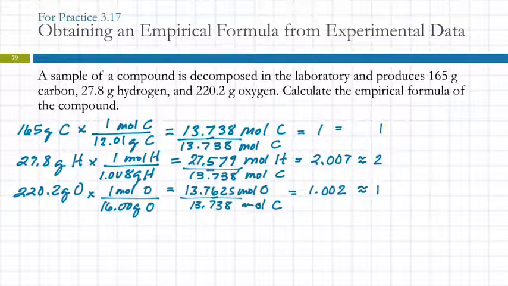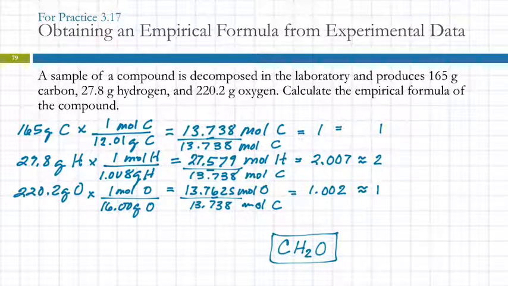Those are the subscripts in my chemical formula, my empirical formula. So I'm just going to put the first element first. Carbon had a subscript of 1. We don't write the 1. Next is hydrogen, subscript of 2. Next is oxygen with a subscript of 1 that we don't write, and there's the empirical formula.